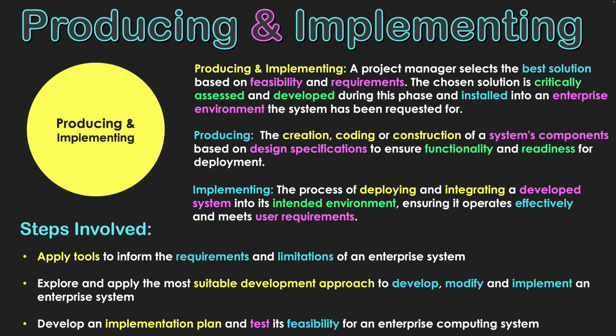And then finally, developing an implementation plan that has been tested and is ensured that it is feasible and meets the needs of the enterprise, okay, so that it correlates with their workflow and hopefully can get the system into their working environment efficiently and effectively in best way possible.